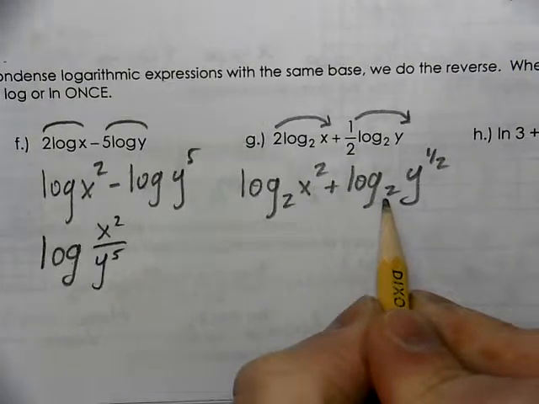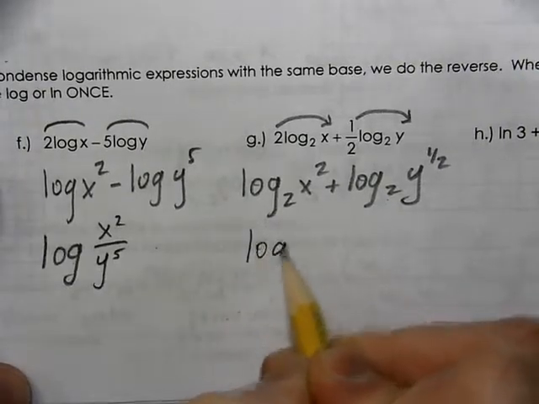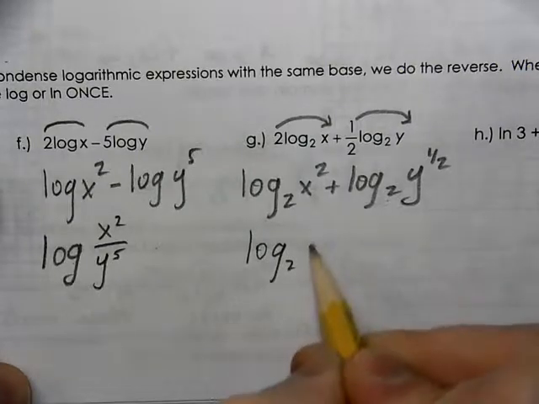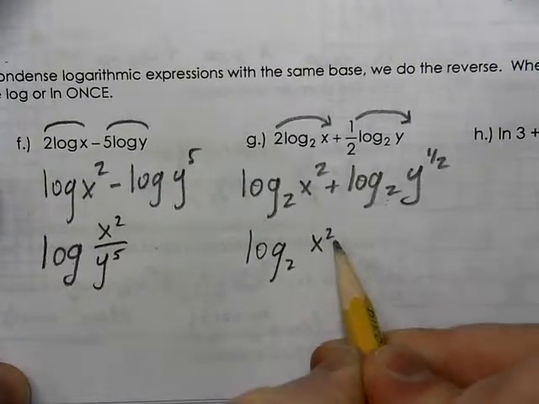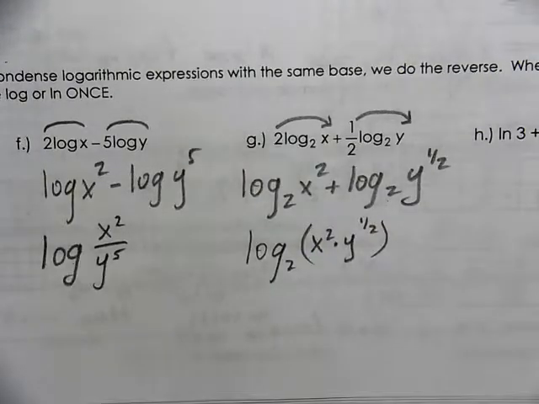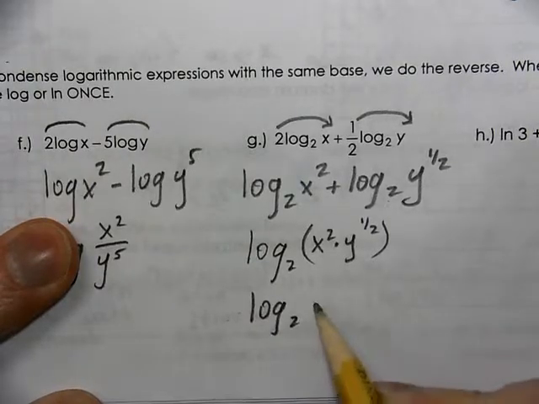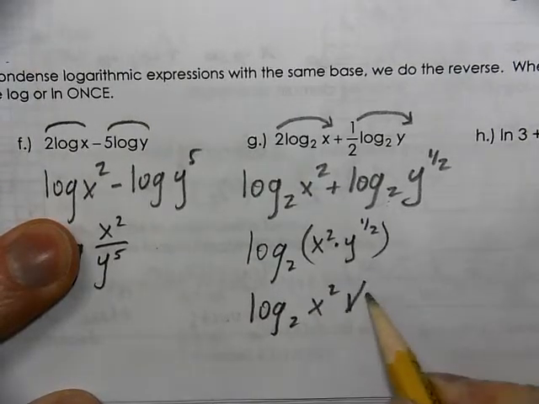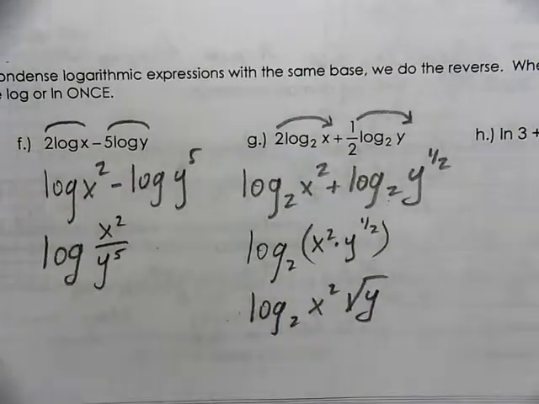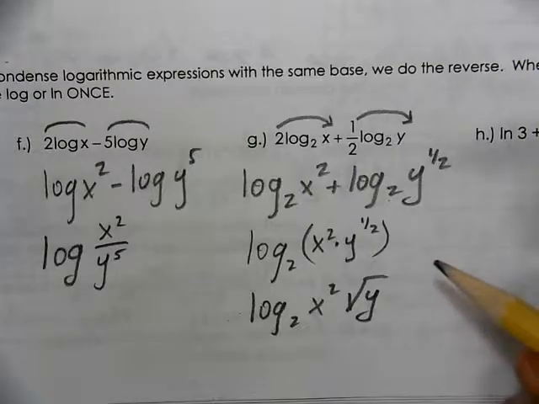Now, because the bases are the same, and we're adding, we can write the logarithm as x squared times y to the half power. What is y to the half power? That is the square root of y. You want to become familiar with seeing that if it's a half, then it's the square root. If it is the third, then it's the cubed root.